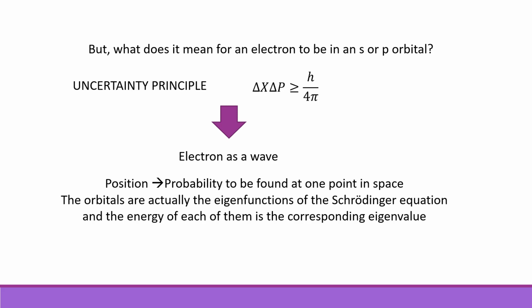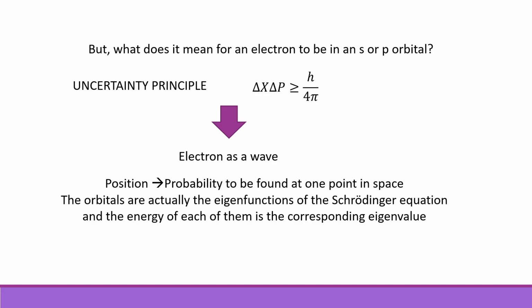When we are in this quantum theory, we are considering the electron as a wave, no longer as a single particle, but with a dual nature. And as a wave, the position is no longer a point in space, so we must switch to talk about the probability for the electron to be found at one point or one region of space.